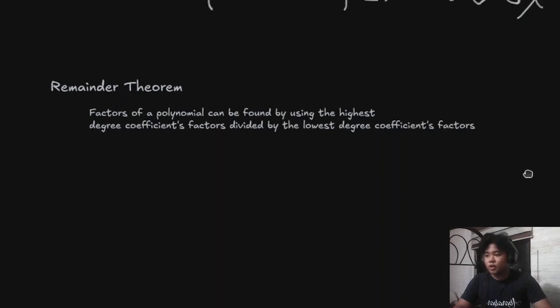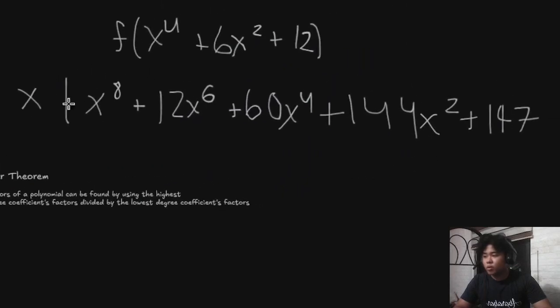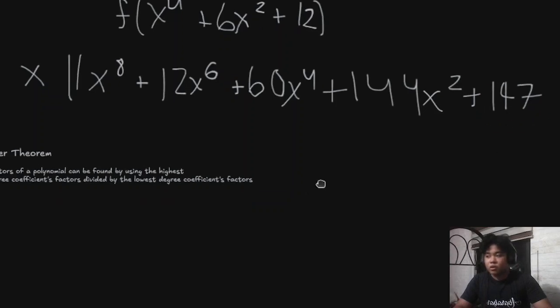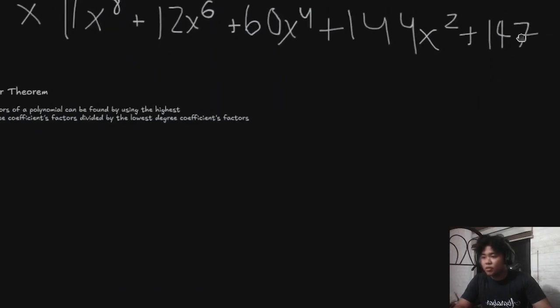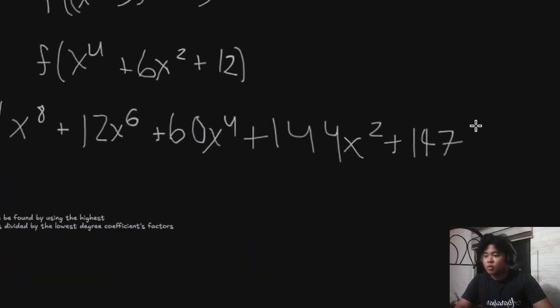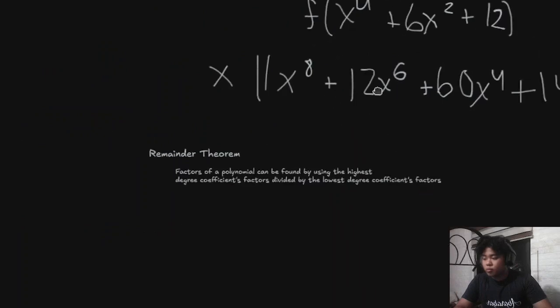If you look back at this long polynomial, the highest degree coefficient is just 1, and the lowest degree coefficient is 147. The factors of this expression can be found by using the factors of 147 and 1.